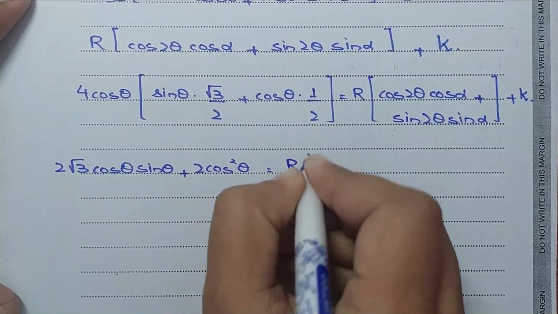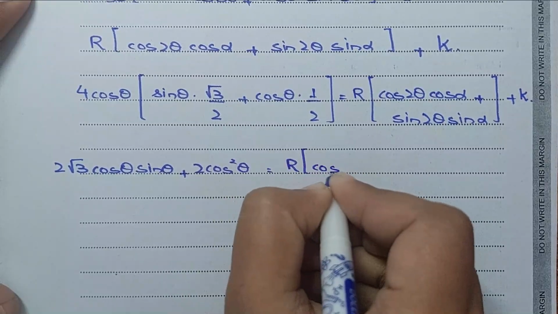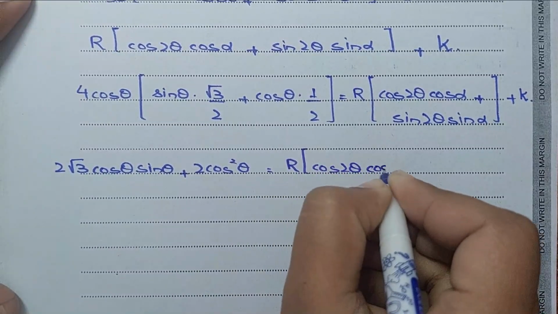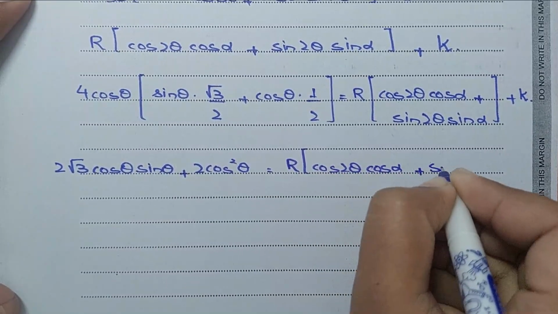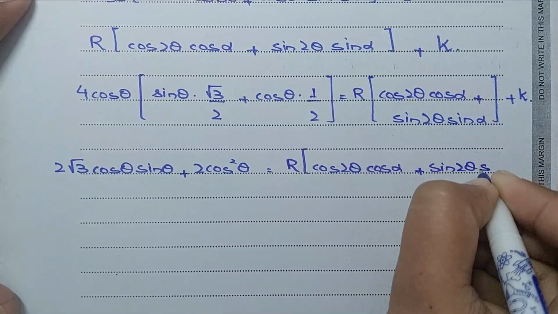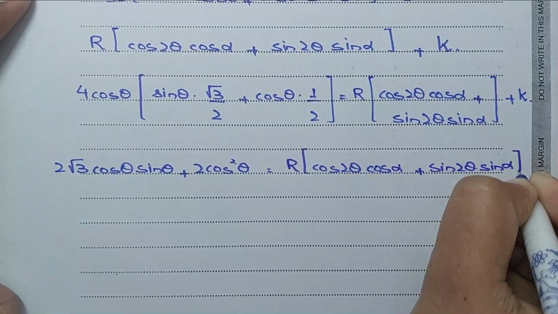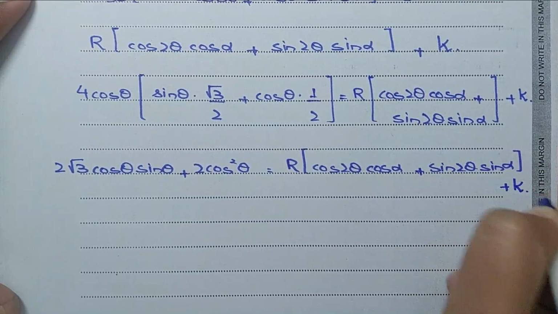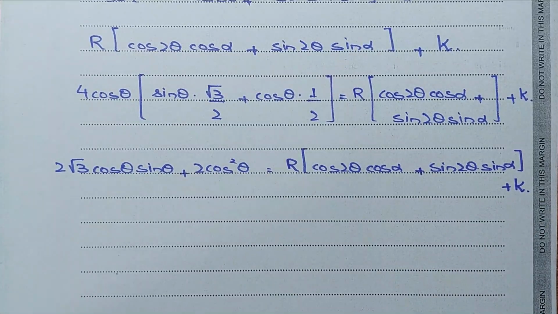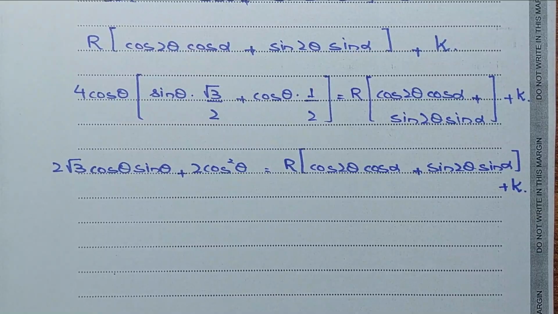This is r bracket cos 2 theta cos alpha plus sine 2 theta sine alpha, plus some k, the constant. Okay, now we have to compare the coefficients, right? But before comparing the coefficients, we can see this here.